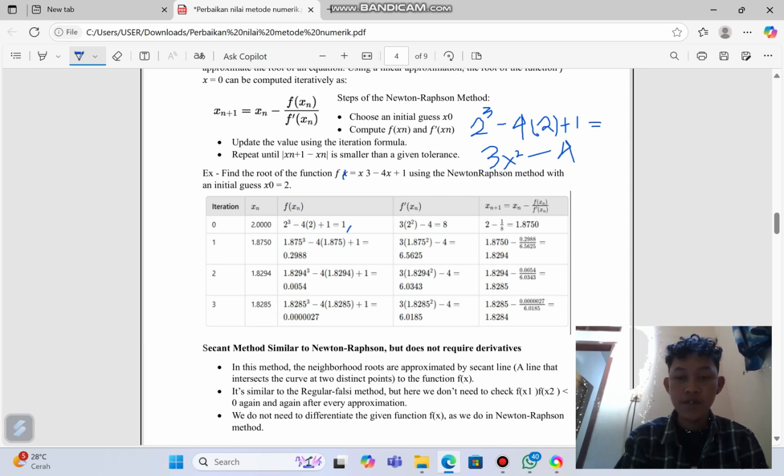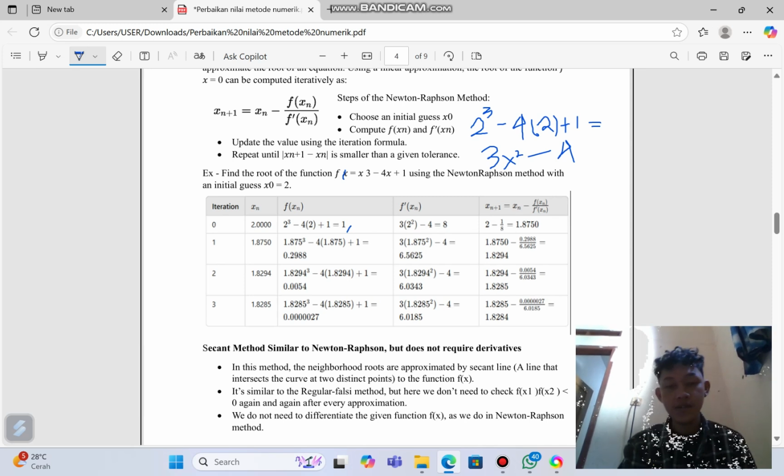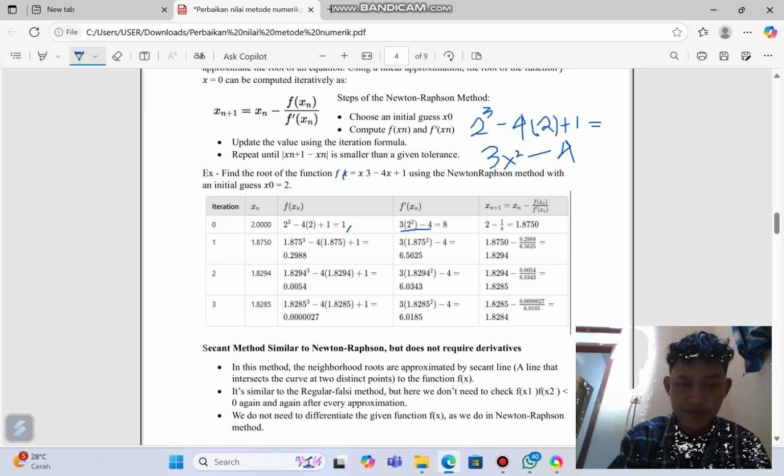This is the derivative function, and now we substitute the initial guess into the derivative function like this. And after that we get the value 8.